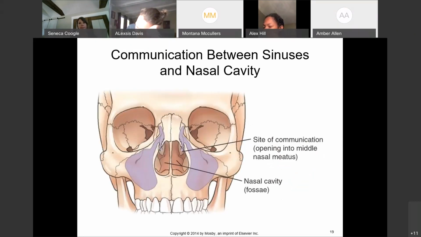All right, so there is definitely communication between the sinuses and the nasal cavity. The nasal cavity is divided into 2 chambers called fossae. You can see here the purple, right here, the 2 cavities. Now, I don't know if anyone has heard in the past of some type of brain-eating bacteria.